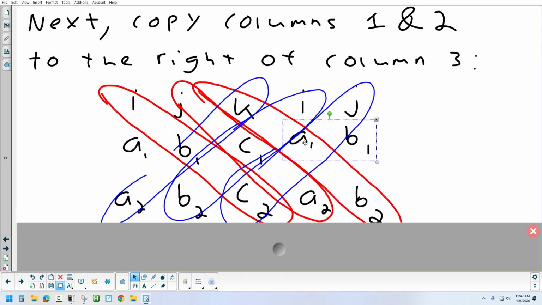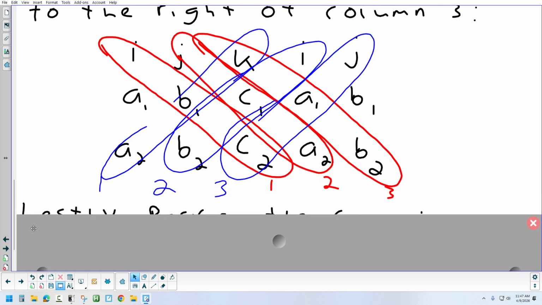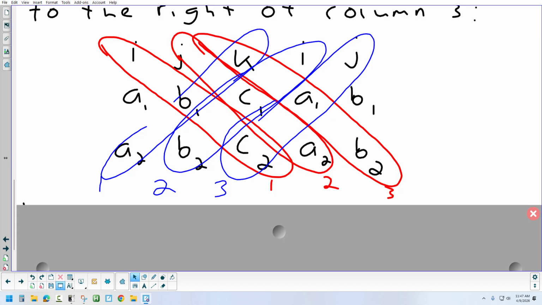If you don't write them nicely, it doesn't look good. So try to make sure you put everything lined up nice. Right. So to make it simple how I refer to these, I'll call this blue diagonal 1, blue diagonal 2, blue diagonal 3. Red diagonal 1, red 2, red 3.